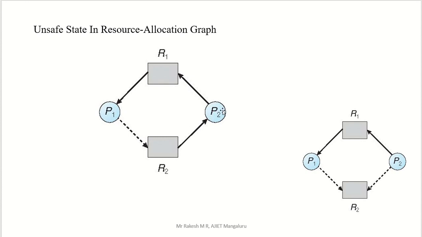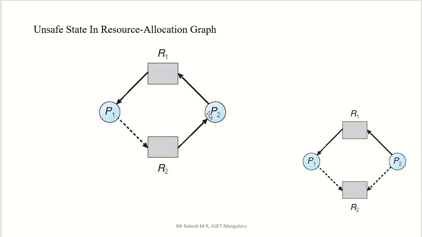Now tell me, is there any chance of deadlock? Yes, there is a chance of deadlock. Why? R1 is already assigned to P1 and P2 is requesting R1. There is a deadlock, right? Another one: for P2, R2 is assigned.